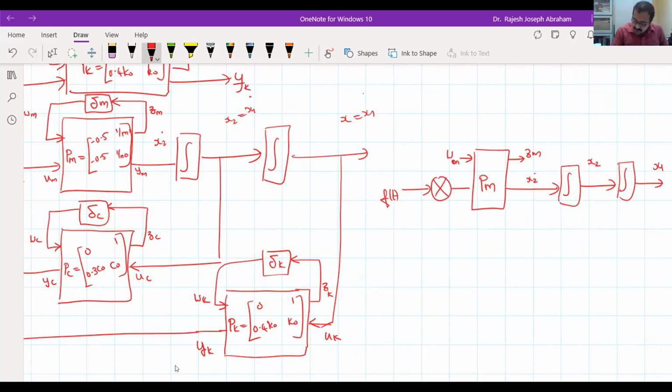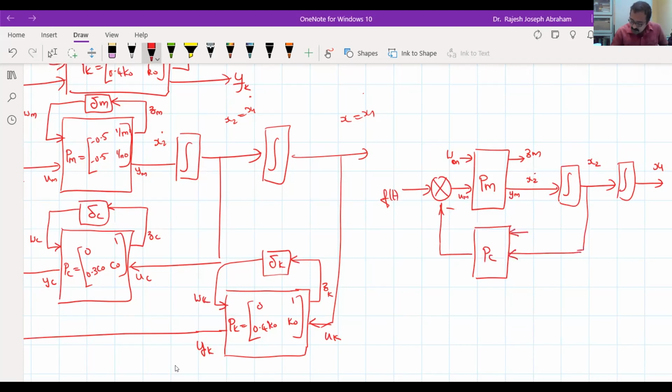Okay. So what is the signal? This signal was YM, and this signal was UM. Okay. Then here is a negative sign coming from X1. Okay. So let it be PC, the nominal damper. Okay.